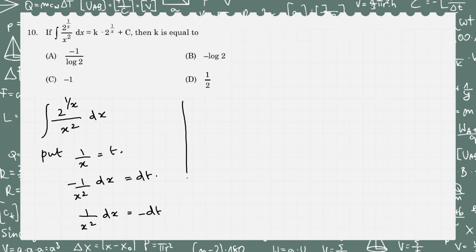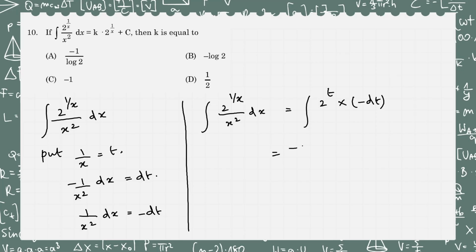Now changing the given integral with our substituted values, we get the integral of 2 power t into dx by x square, which is nothing but minus dt. So we can write this as minus integral 2 power t dt.